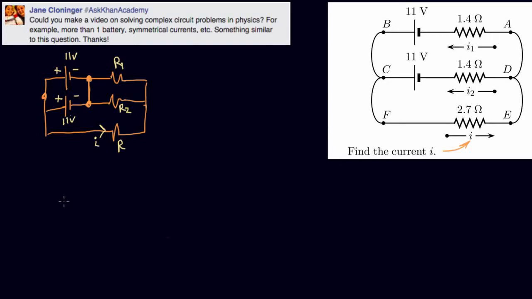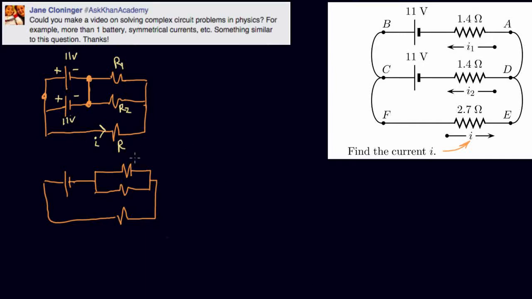I'm going to draw the circuit again. So it looks like this. Here's my combined big battery. And it goes to... we'll relabel these again so we don't get mixed up.